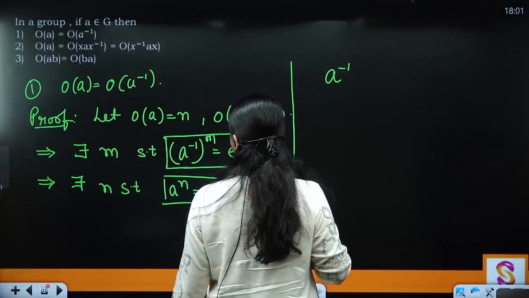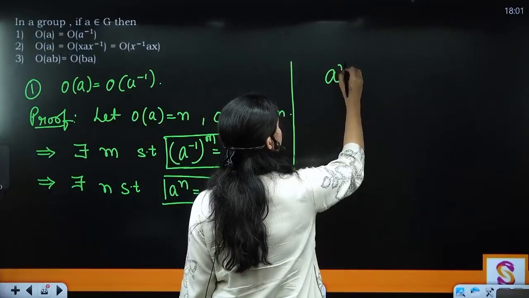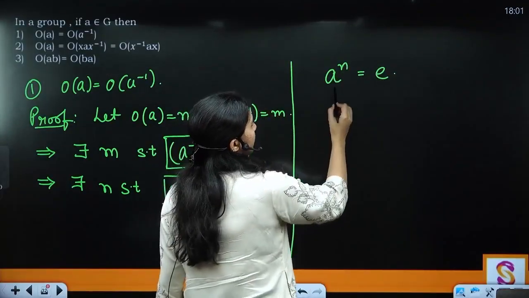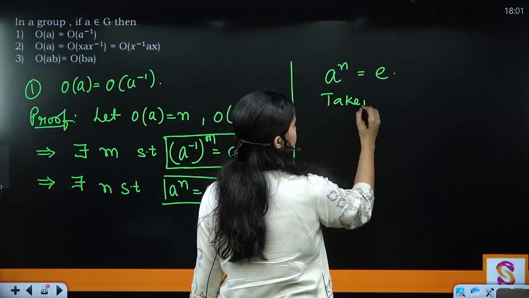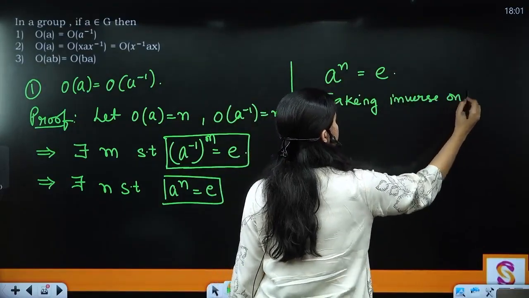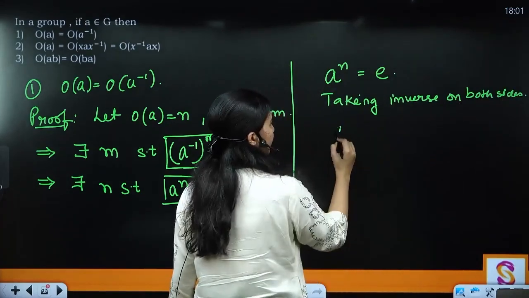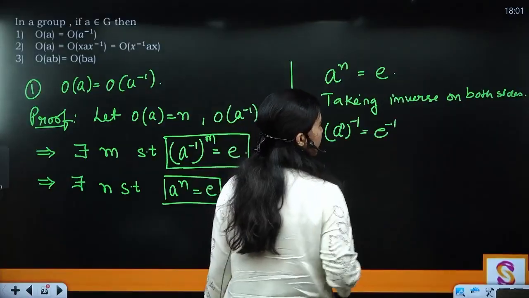ठीक है, let's start with A raised to the power n actually. A raised to the power n equals E. Alright, see, if I take inverse on both sides, A raised to the power n, raised to the power minus 1, equals E raised to the power minus 1.